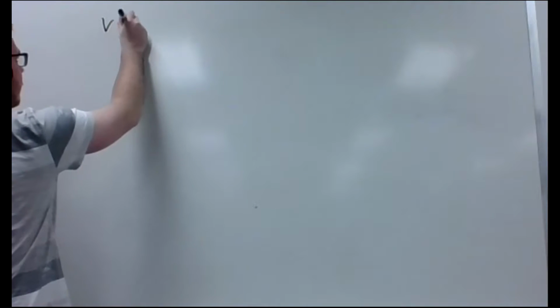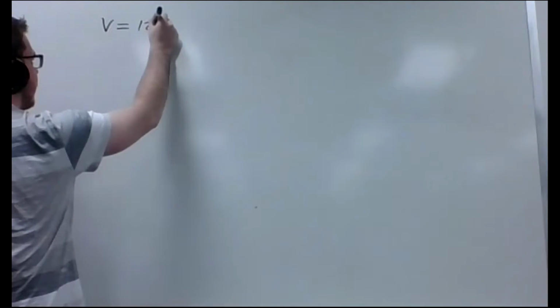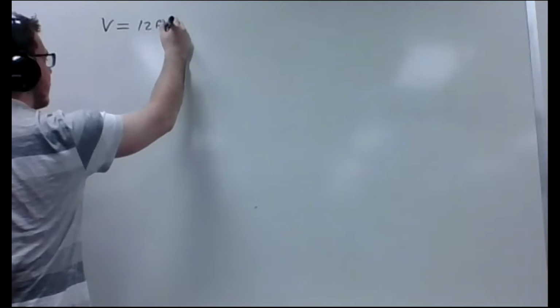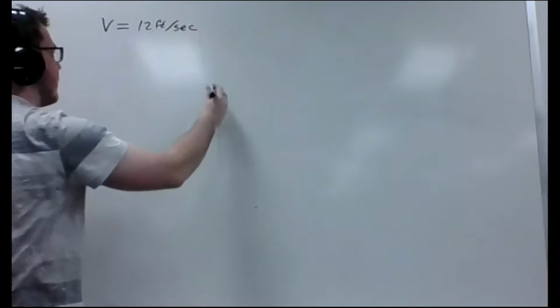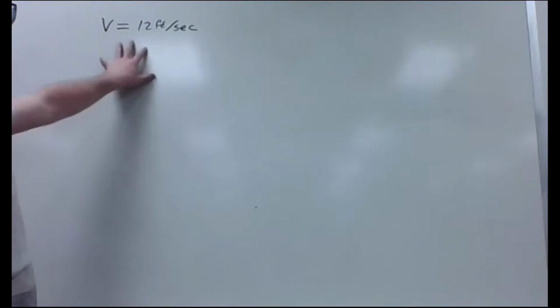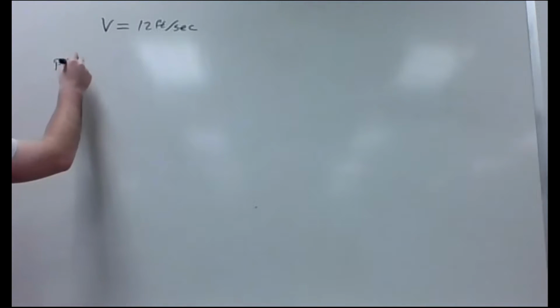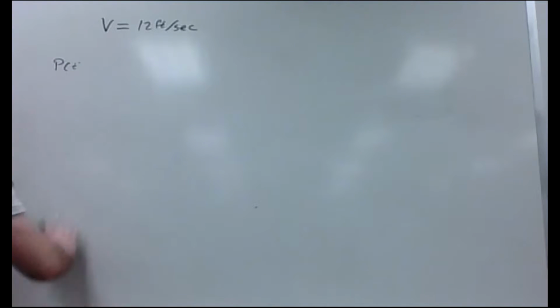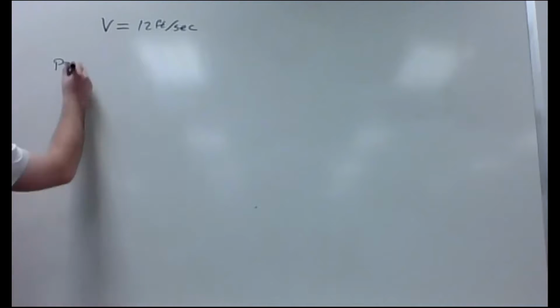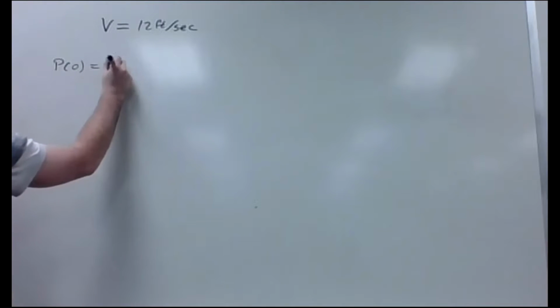So I guess I could come up with something. Let's say we have a velocity, going like 12 feet a second. That's our velocity, so this would be a very simple one, but then let's say our position at time 0 is equal to 100.